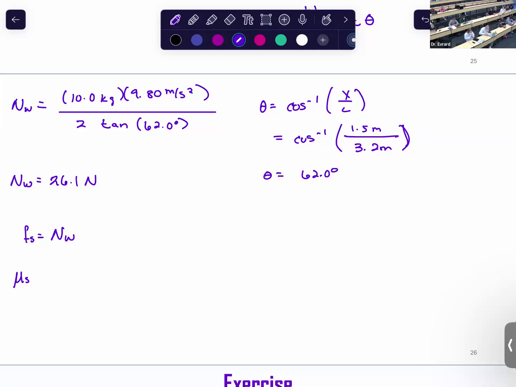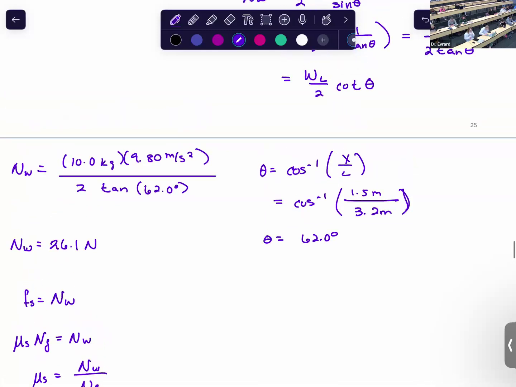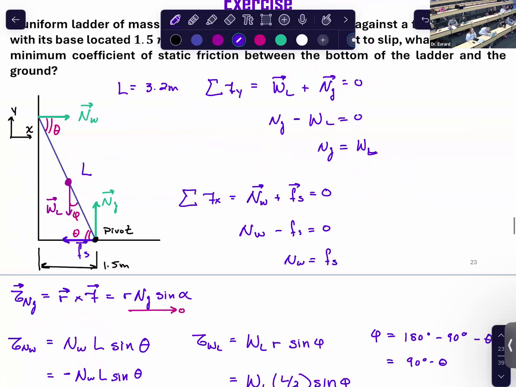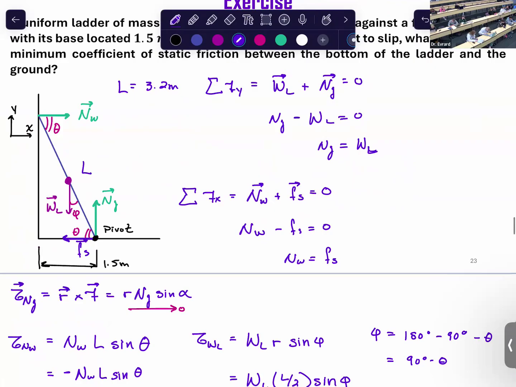Static friction is the coefficient times what? Which normal force? The ground. Normal force due to the ground is just gonna be the weight of the ladder, so mass times gravity.